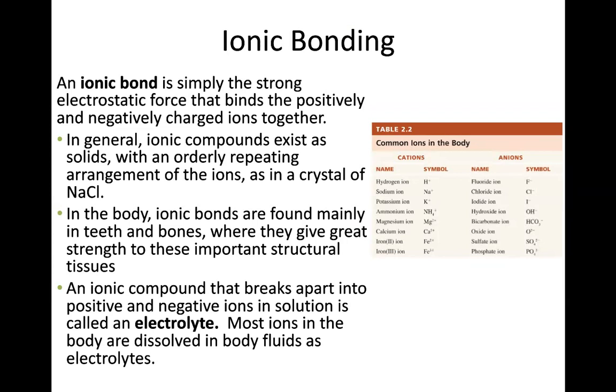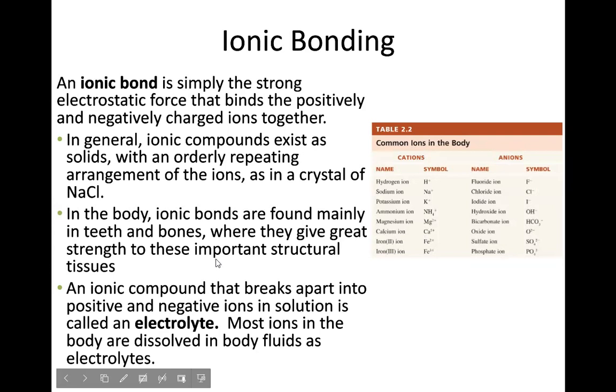We also have a lot of ions that are floating in our blood and other fluids in the form of electrolytes. Because what happens when you dump salt in water and you stir it up, the salt does what? It dissolves. It breaks apart. Those ionic bonds get broken apart. We'll talk about why that is with water here in a bit. And so that is what happens in our body, where we have lots and lots of water.